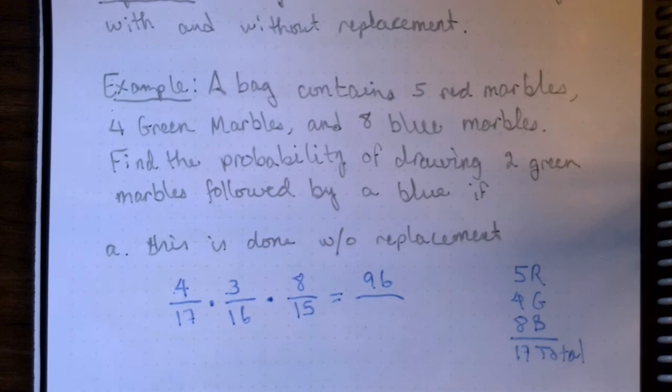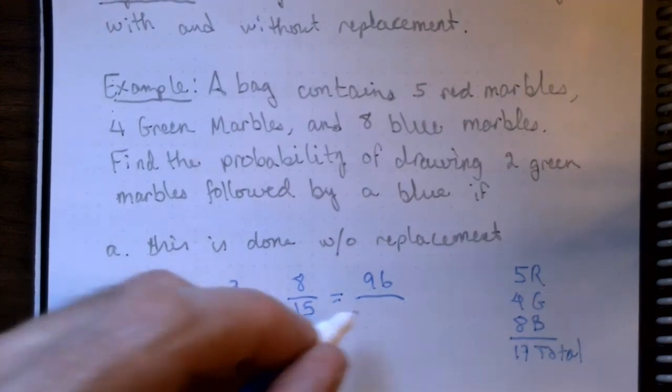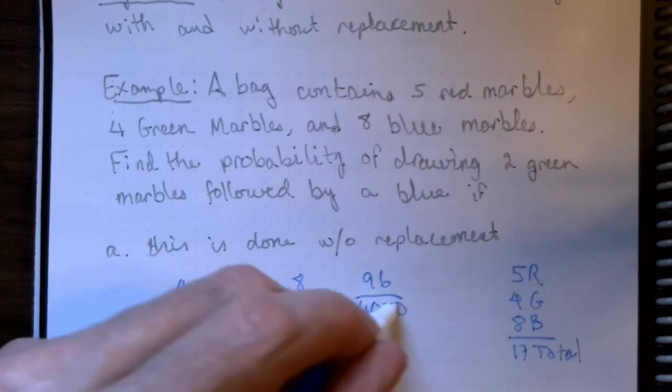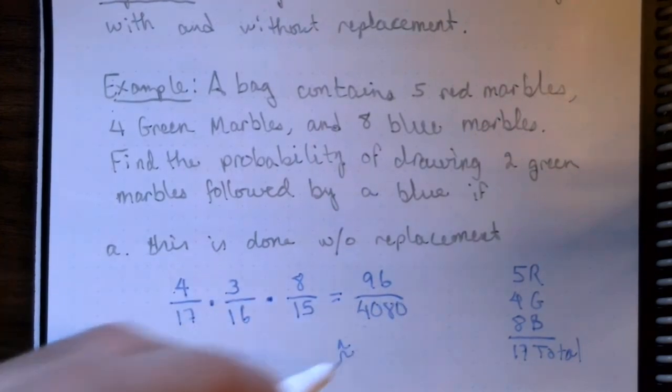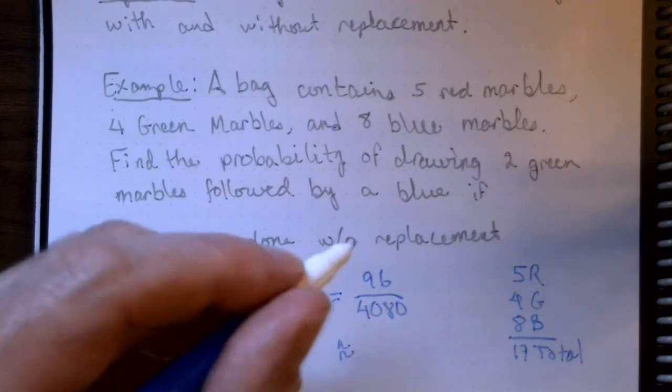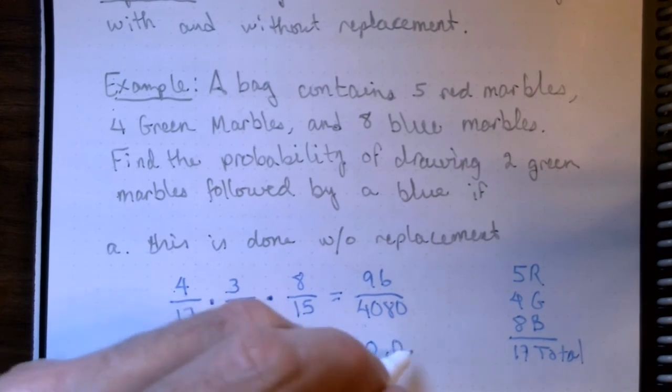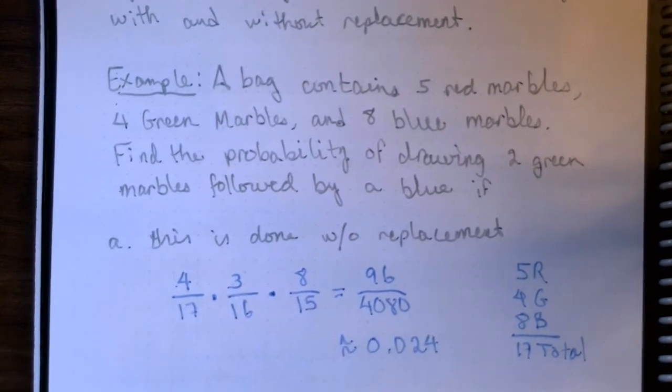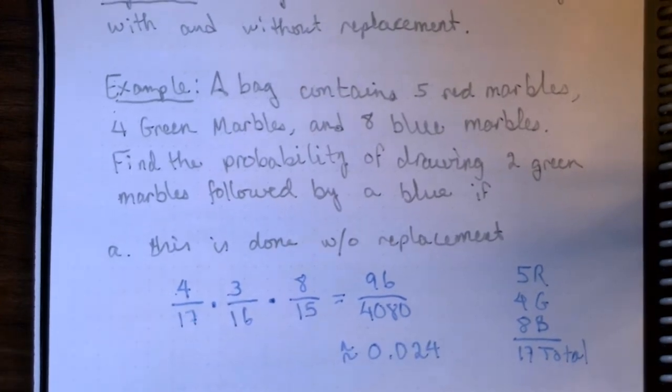And on the bottom I have 17 times 16 times 15, 4,080. And then I could do an approximation if I wanted. I could do 96 divided by 4,080 and get 0.024 to the nearest thousandth.